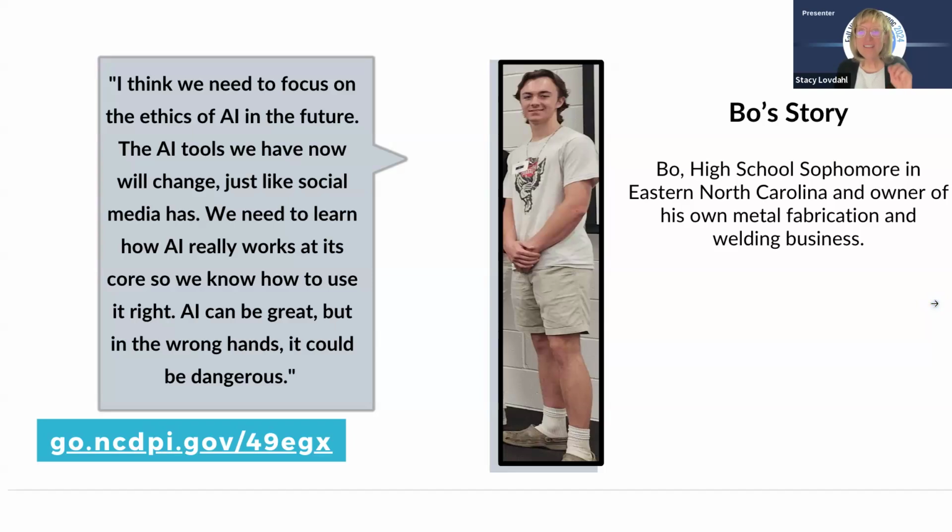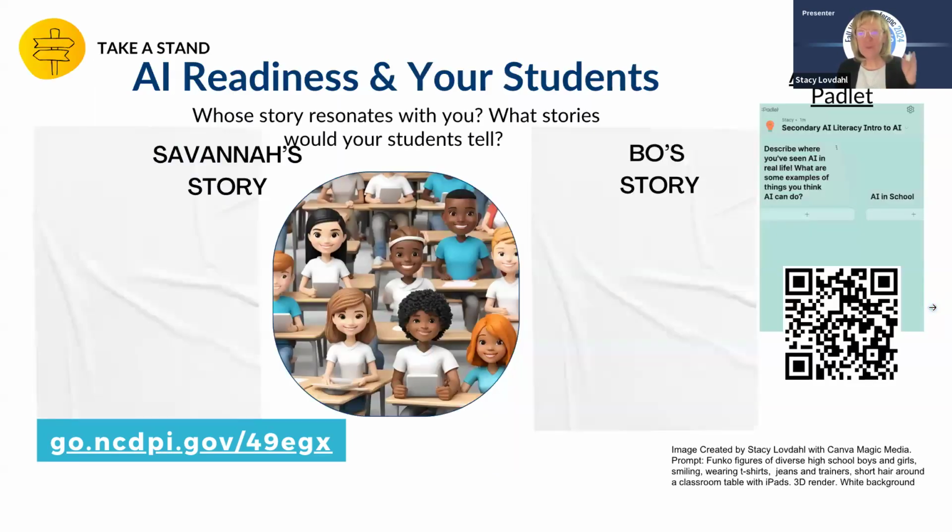So what I'd like you guys to do is take a second, and back in that Padlet, think about your students and their experiences now. We've had the whole summer go by. We're all the way to the middle of October, which I can't even believe, of this school year. Which of their stories resonates with you? Do you have kids like Savannah, who are being told they can't use AI at all, and might not even know what it's called?